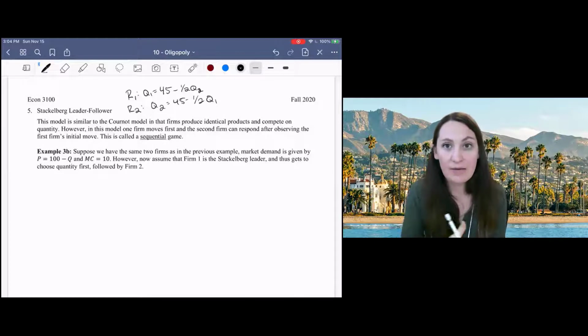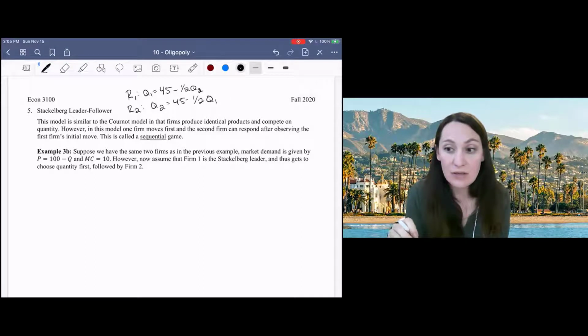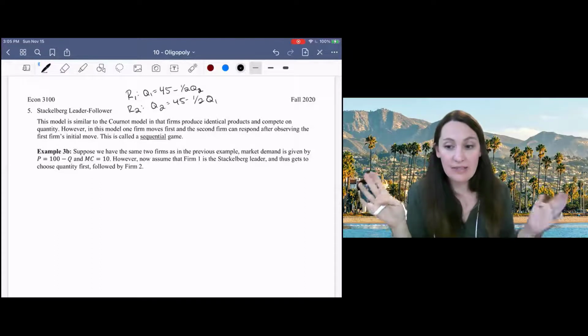Now we want to think about how the incentives change if we have a sequential framework. Firm one will move first. They will choose the quantity they produce, understanding that firm two will observe that quantity and then react. So no more simultaneous moving.